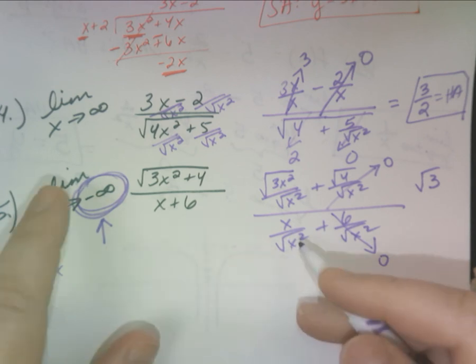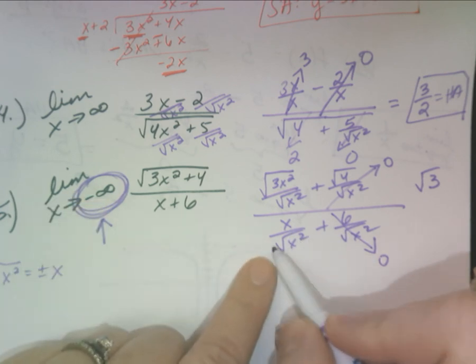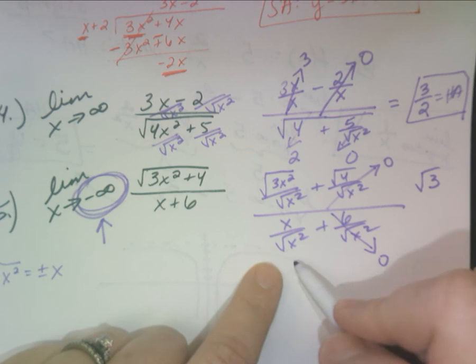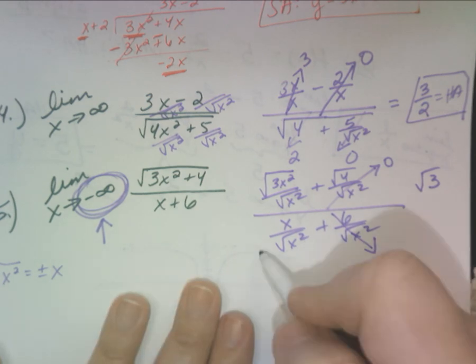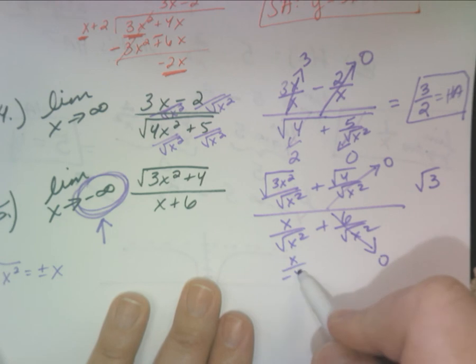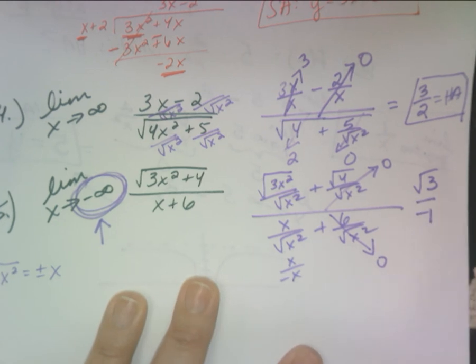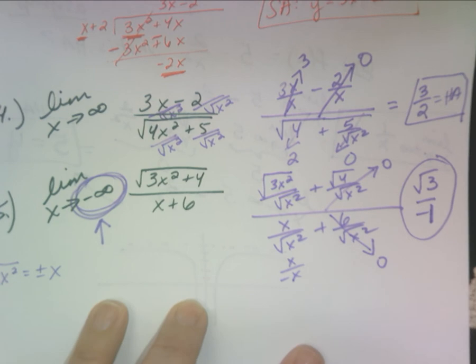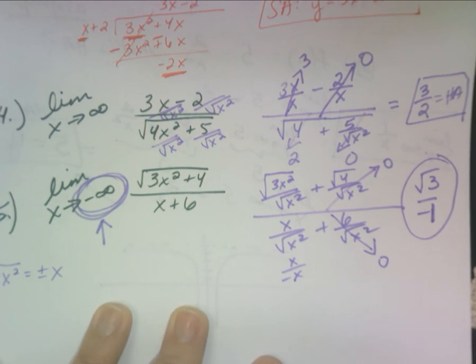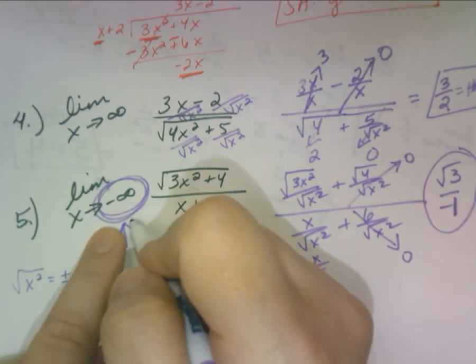Because again, since we're going to negative infinity, when you take this square root out of x squared, it's actually going to be negative x. And x over negative x reduces to what? So the answer for this horizontal asymptote is negative square root of 3. It's the negative square root of 3. And that's only going to happen if you go to negative infinity.